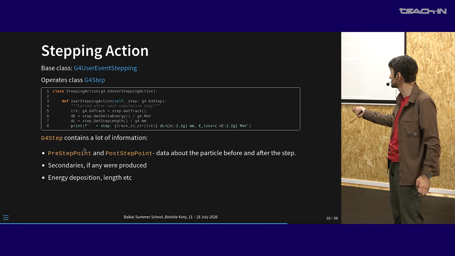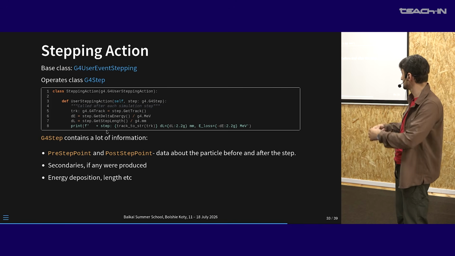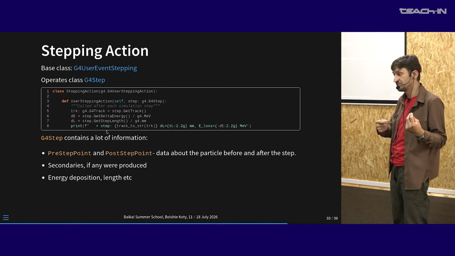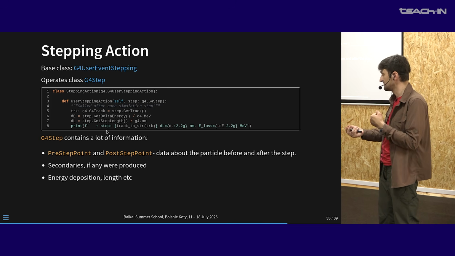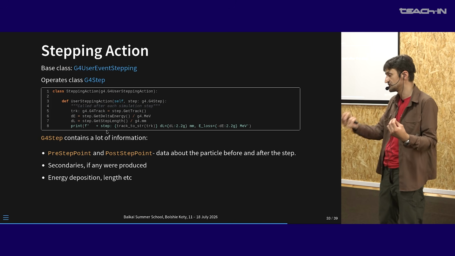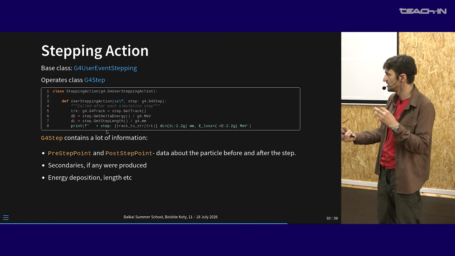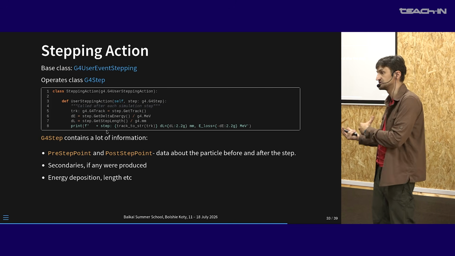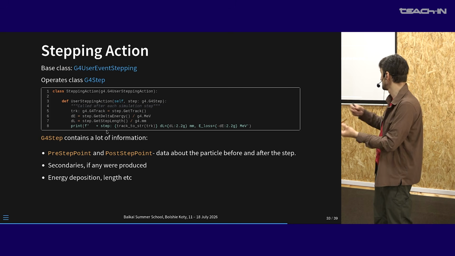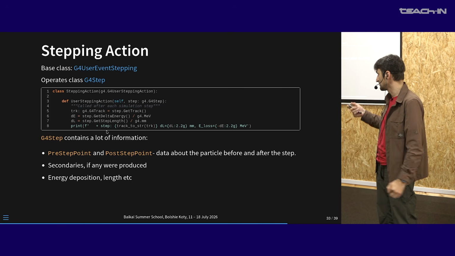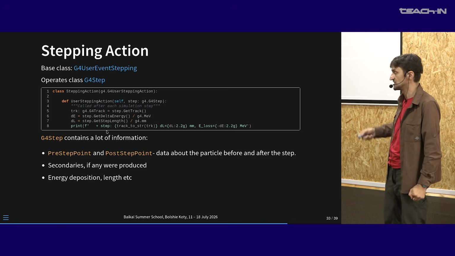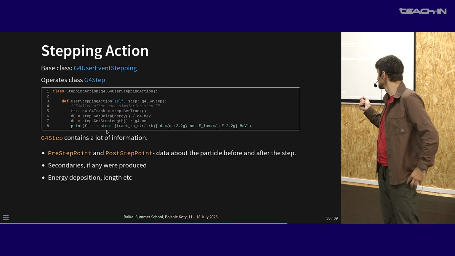Actually, this step object is a container. It holds the first point, the last point of the step, and all the information about the volumes which these points belong to, of the processes which created this step, of the energy deposition, and so on and so on. And all the secondaries which were produced at this step are also in here.